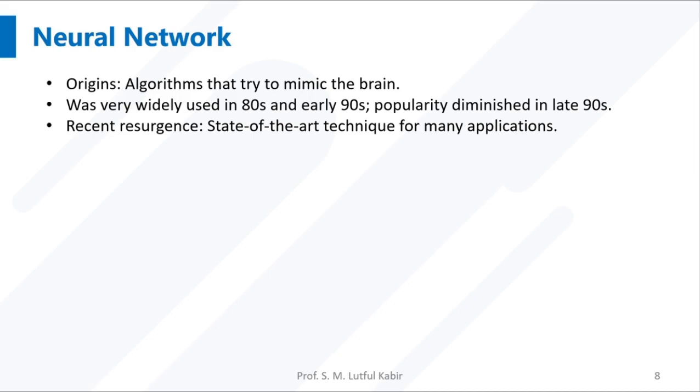One of the reasons for this resurgence is that neural networks are a computationally somewhat more expensive algorithm, and computers became fast enough to really run large-scale neural networks. Because of that, as well as a few other technical reasons, which we will talk about later, modern neural networks today are the state-of-the-art technique for many applications.